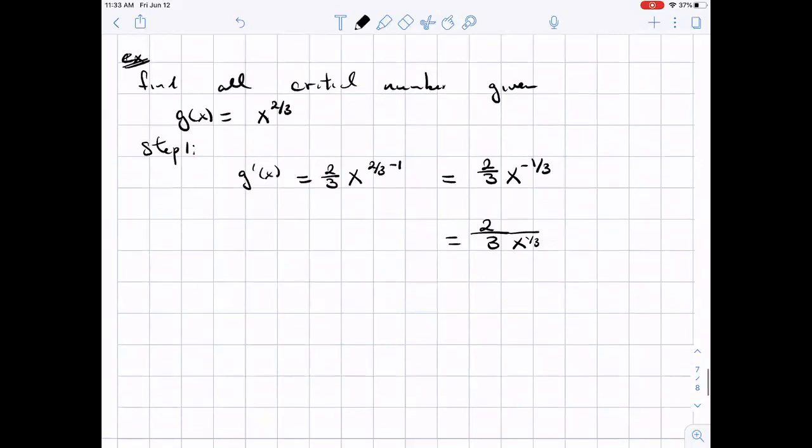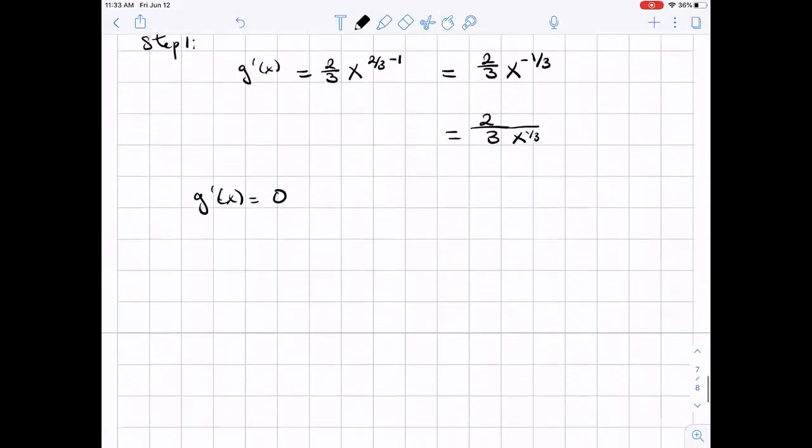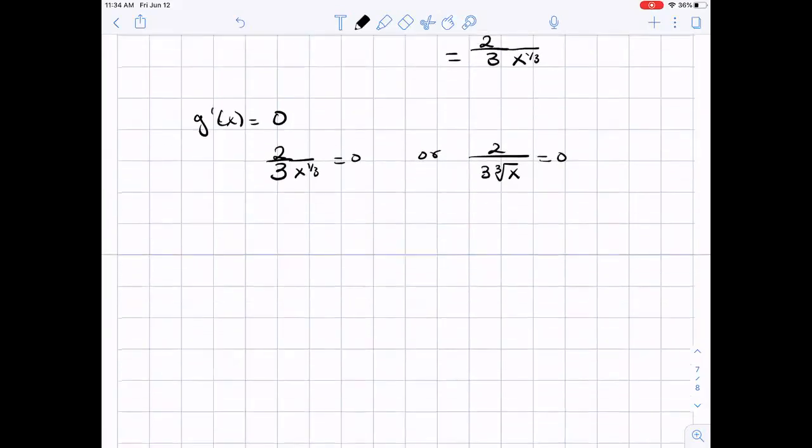Now, if we try to find a critical number, what is g prime of x equal to 0? So we have 2/3 over x to the 1/3 power equal to 0, or you can write 2/3 times the cube root of x equals 0. We can solve for x here in a lot of ways.